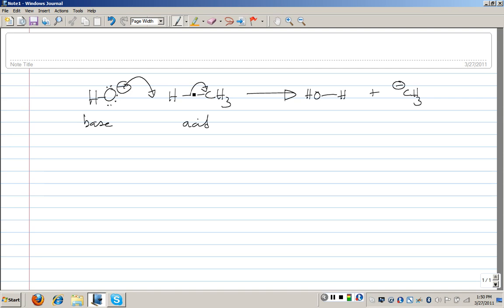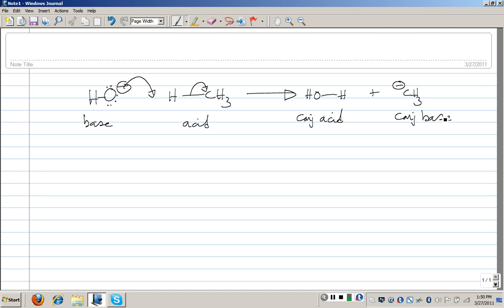I am interested in comparing the base to the conjugate base, the acid to the conjugate acid. So what does hydroxide form on protonation? It forms water. So water is my conjugate acid. Again, the species formed on protonation of the base is the conjugate acid. The species formed on deprotonation of the acid is the conjugate base.